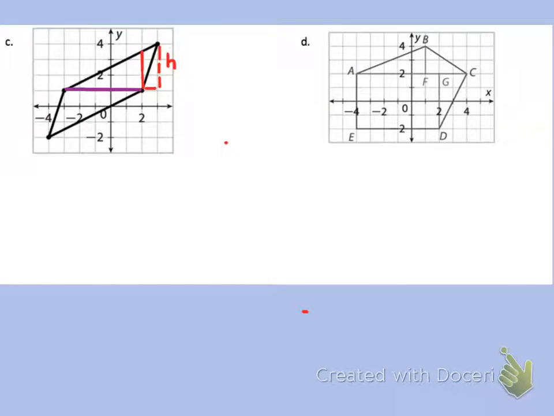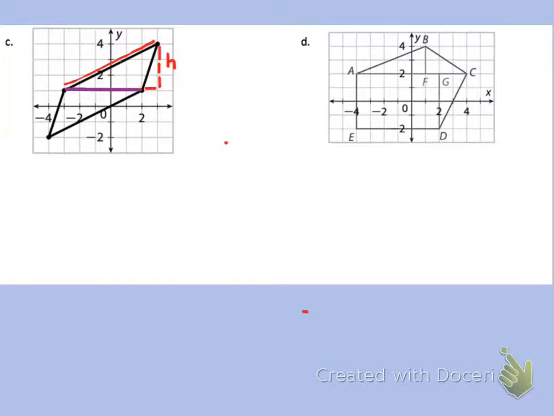So when you have an obtuse triangle like that, the height is measured outside of the triangle. Unless you found this as your base and drew a perpendicular this way. You could also use that. It doesn't matter. It still makes the area the same.